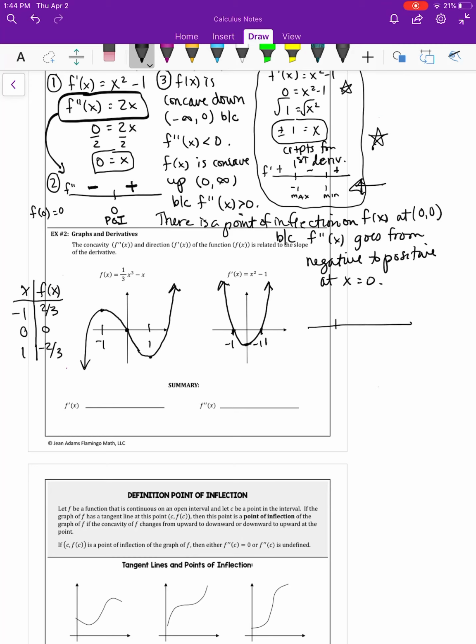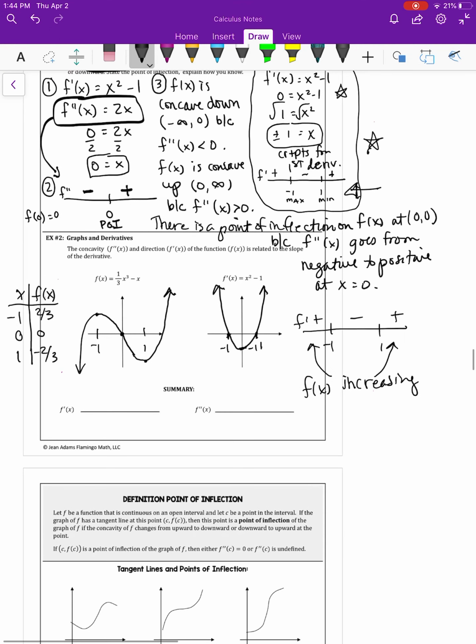So if I was doing a sign chart, looking at the derivative, I can see it's positive, then it goes below the x-axis, negative in between -1 and 1, and then it goes positive again. So you can actually look at the derivative function and see when it's above the x-axis and when it's below the x-axis. And remember that the positive ones were telling me where your original function was increasing. So where f of x was increasing.